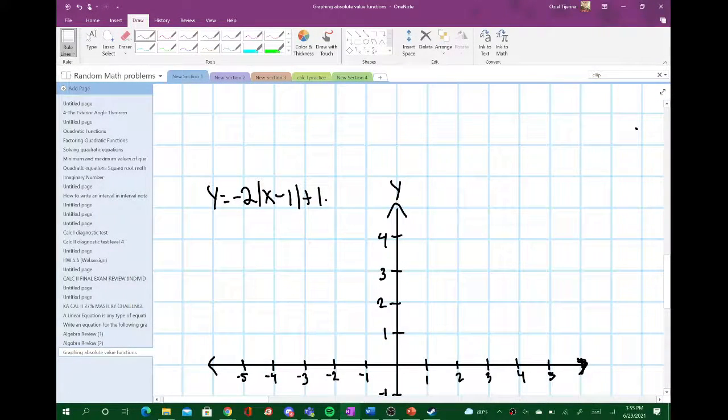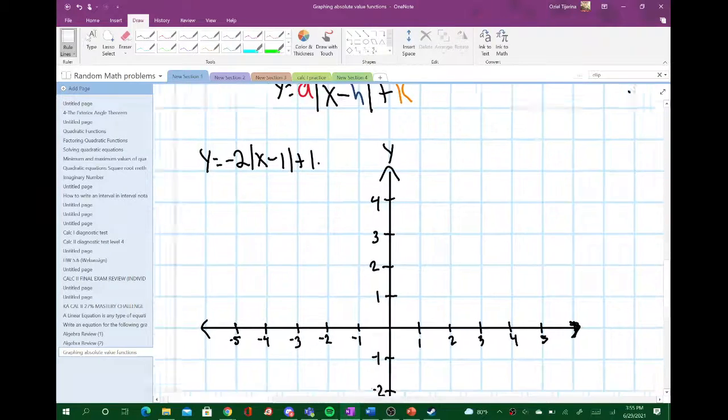So again, I'm going to go ahead and write the equation of an absolute value function in vertex form. So we have A times the absolute value of x minus h, plus k, okay?